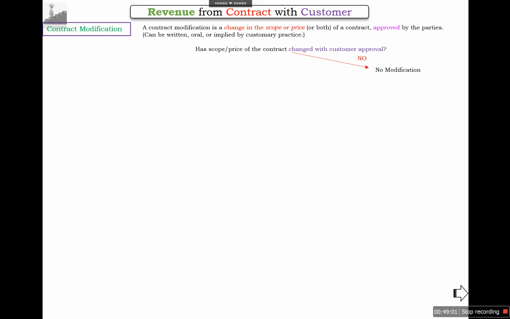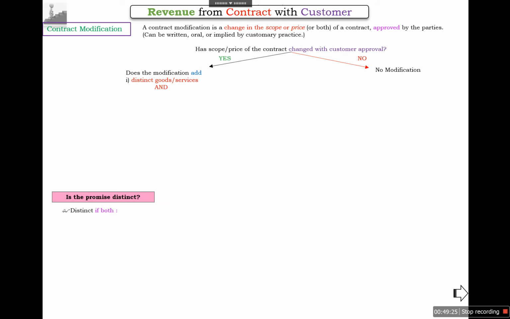If the change is not with the customer approval, there is no modification. And if the change in the contract is with approval, then we need to check whether it is for distinct goods and services.